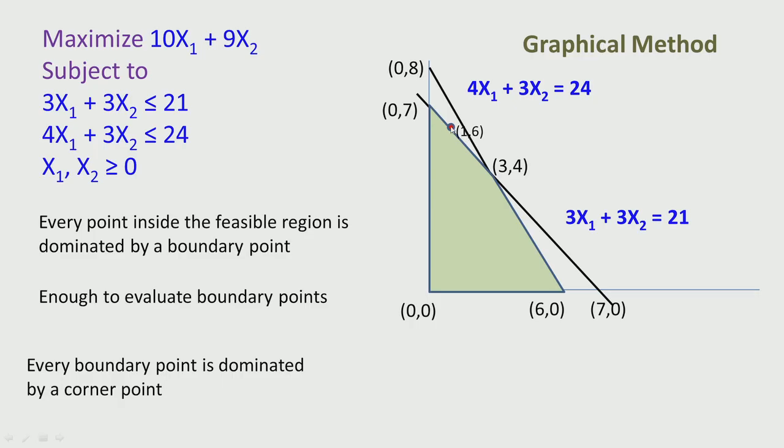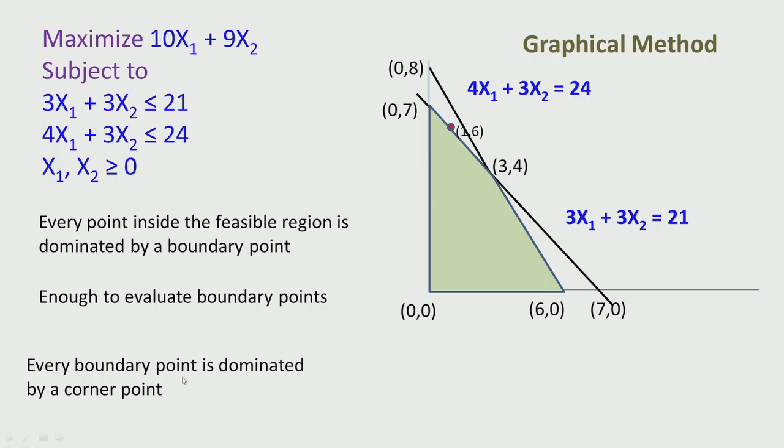If I do that, I am still feasible, I am satisfying all the constraints. So if I do that, 0, 7 will give me 63 and 3, 4 will give me 66. So by moving downwards towards 3, 4, I will be able to get a higher value of the objective function.